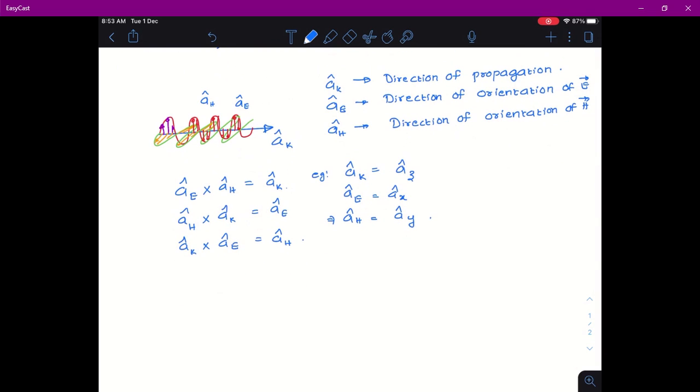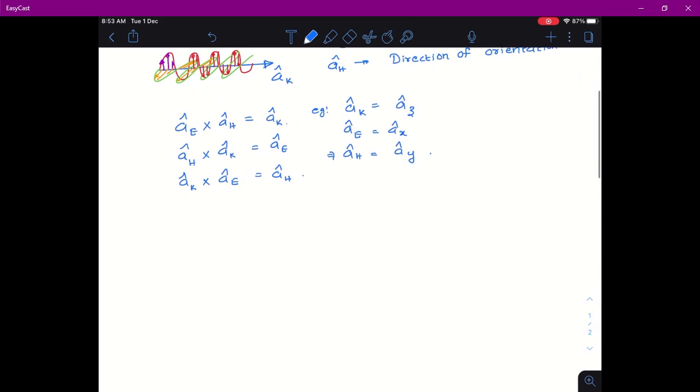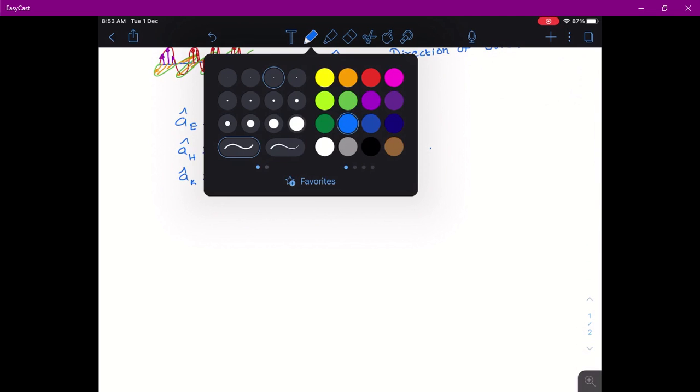So when you substitute these values in this cross product, you can see that they match. Okay. You know that the cross product of any two vectors has a result whose orientation is perpendicular to both the vectors, which is correct for an electromagnetic wave because all the three vectors are perpendicular to each other. Okay.